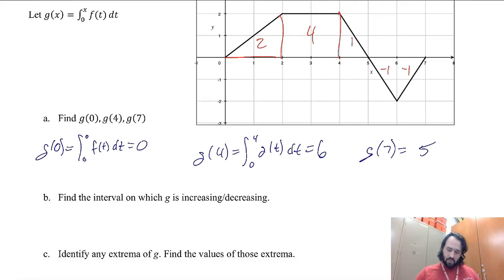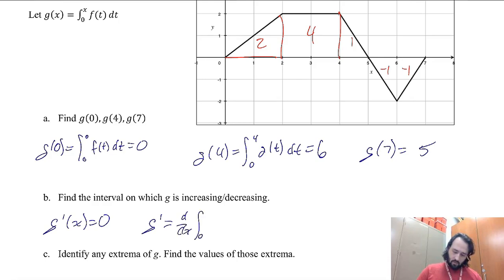Find the interval on which g is increasing or decreasing. So for g to be increasing or decreasing, I want to know when g prime is equal to 0. So let's think about what g prime is. g prime is equal to the derivative from 0 to x of f of t dt.